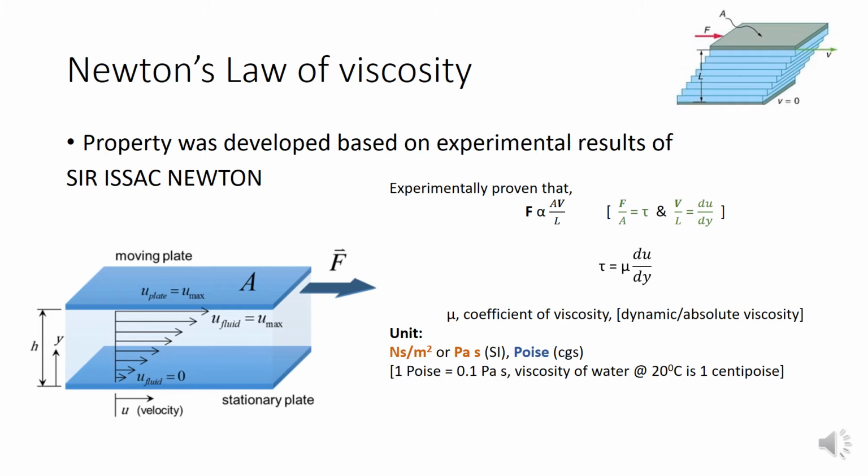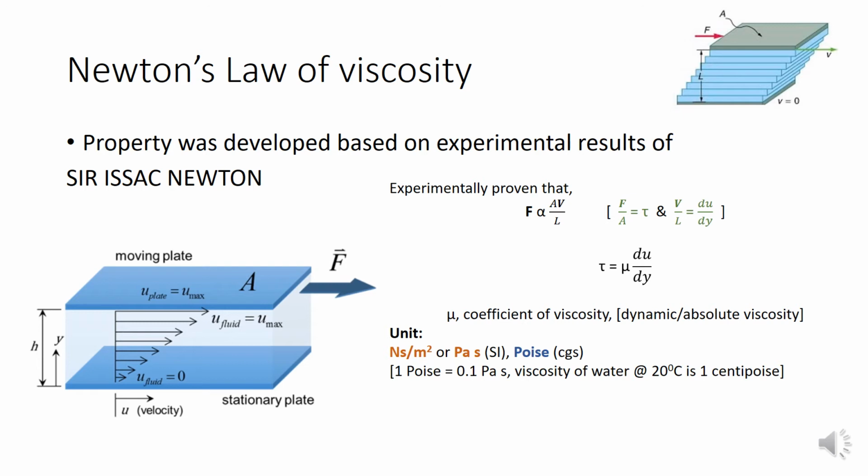Now in order to remove this proportionality, we introduce a constant called mu, which is called the coefficient of viscosity, which acts as a property of the fluid. Now here you can see where the shear stress will be more, if I am taking two different fluids under the same condition. Here tau is equal to mu into dou u by dou y.